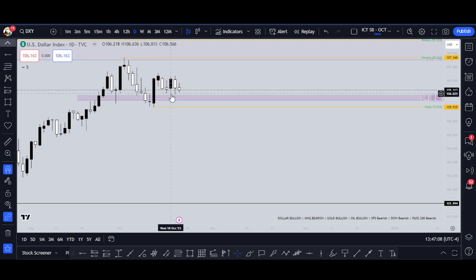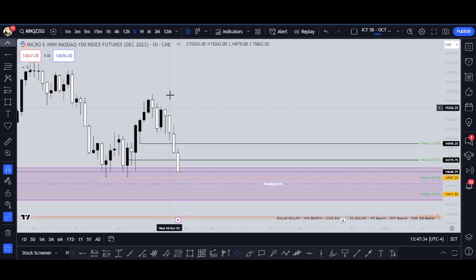Thursday took out Wednesday's low and closed above it, so we're looking bullish. This was an inside bar, so my bias is still bullish. However, we could still want to see this low taken out and then head higher. So I am again bullish on the dollar.